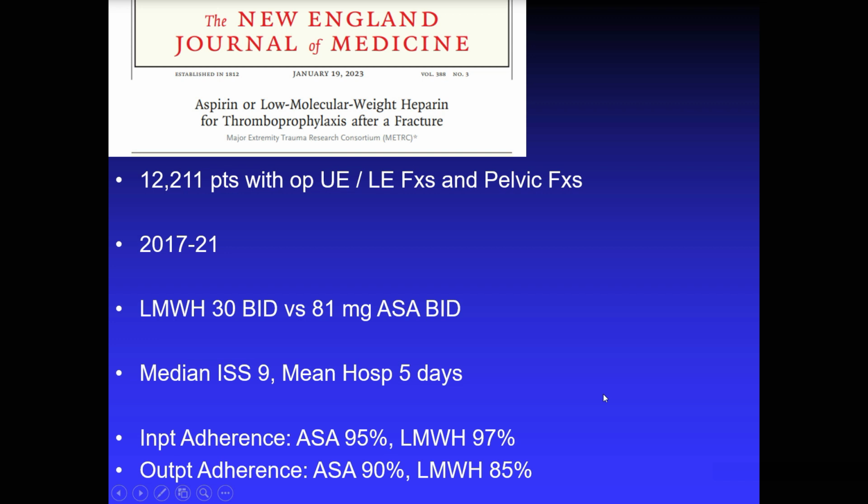They found essentially equivalent dosing adherence on the inpatient side. So they had basically 95 and 97% of the aspirin and the low molecular weight heparin group get the medications as they were prescribed. On the outpatient basis, there was a slight trend toward better adherence with aspirin in the outpatient setting over Lovenox at 90% versus 85%.